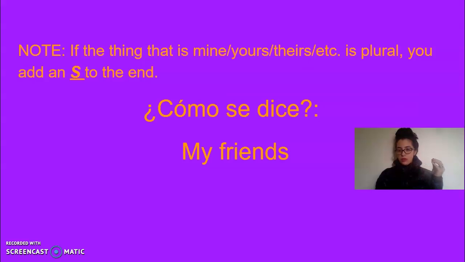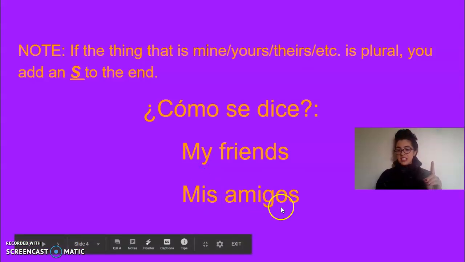We know that the word friend is amigo. So to make that plural, we add an S, amigos. What happens to the word my, or in Spanish it would be mi? What do we have to add? We have to add one letter to the end of it. It would become mis amigos. Because amigos is plural, the word my also has to be plural in Spanish.